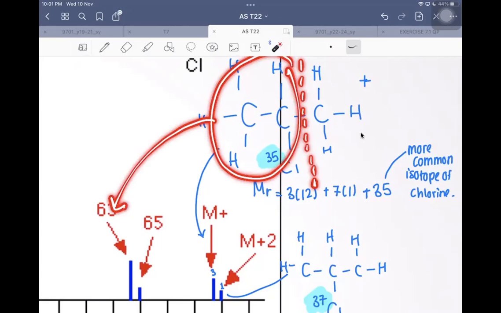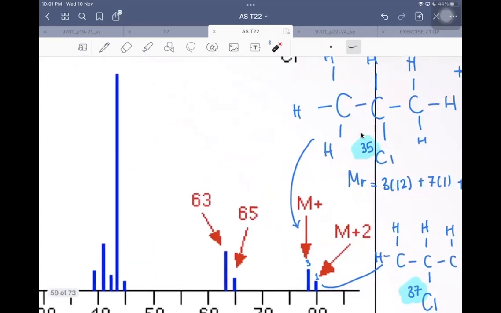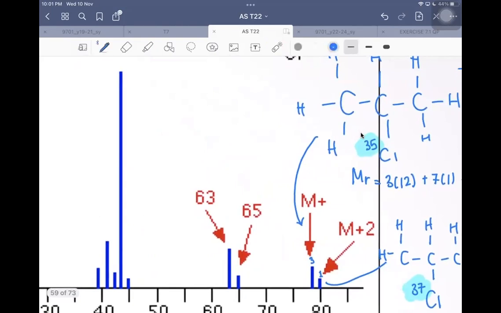Now there's another peak at 65, so there's a difference of 2 units. That's a hint that this peak is caused by the isotopic chlorine. So let's have a look. The peak at 63 is produced by C2H4Cl35, positive charge.